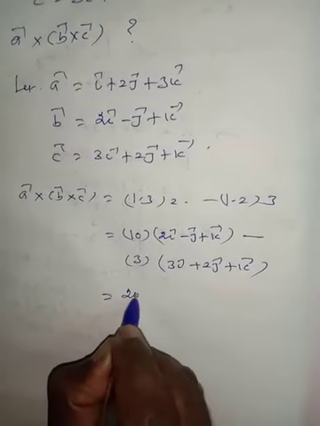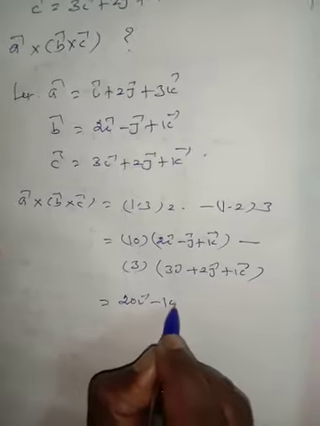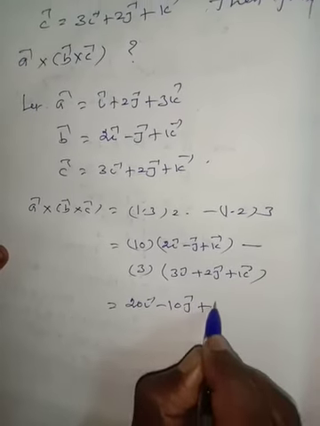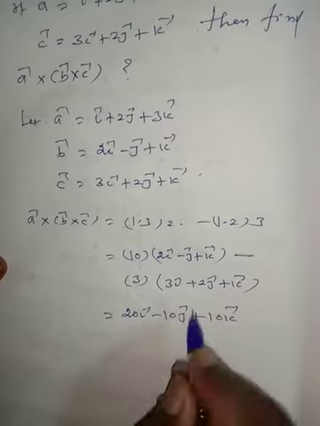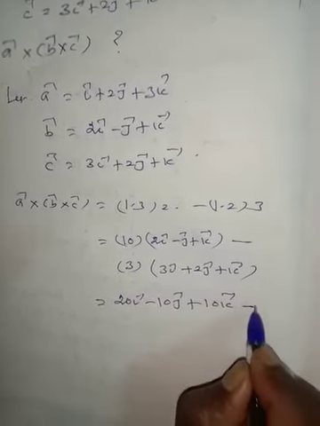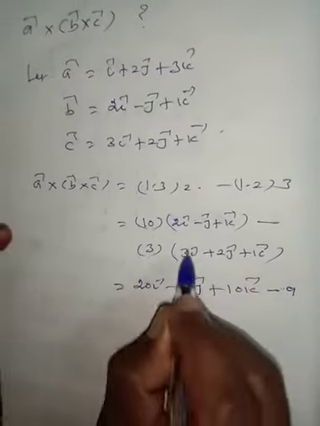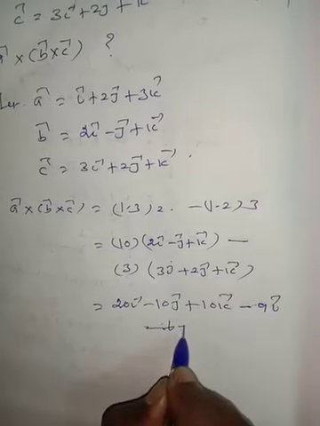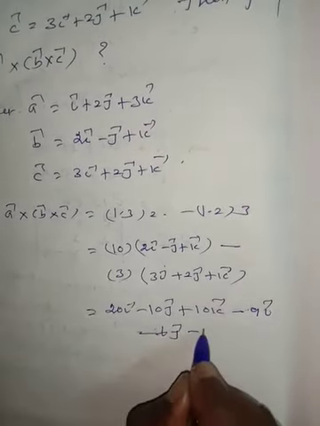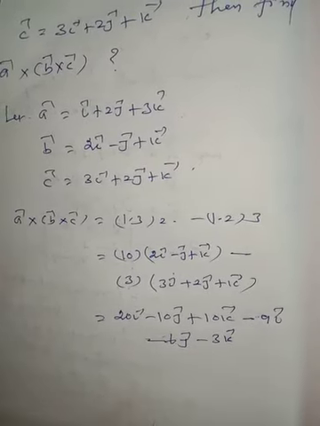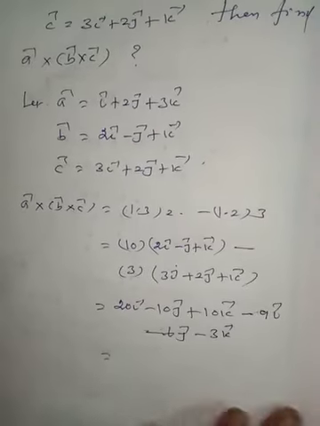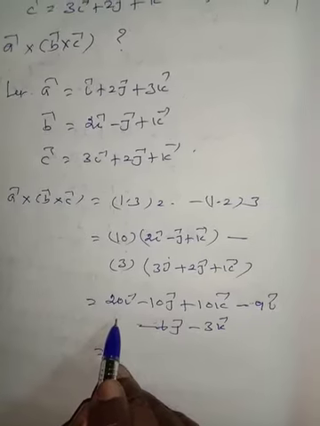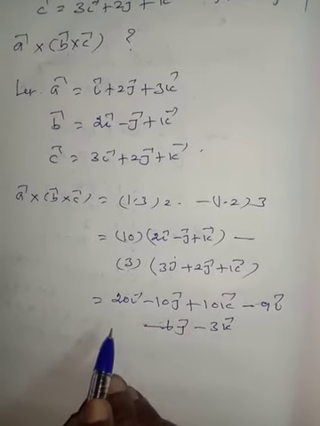That gives 20I vector minus 10J vector plus 10K vector minus 9I vector plus 6J vector minus 3K vector.